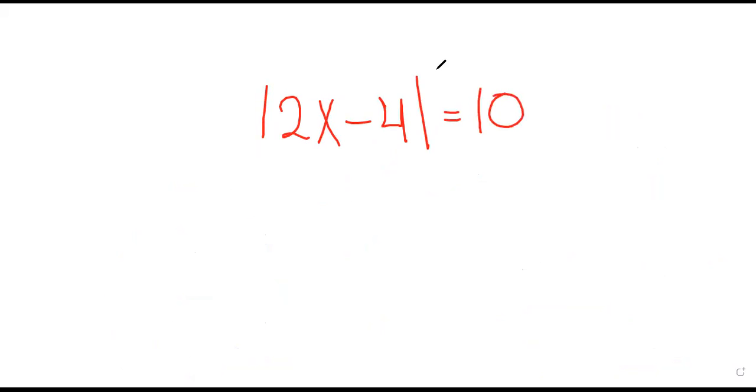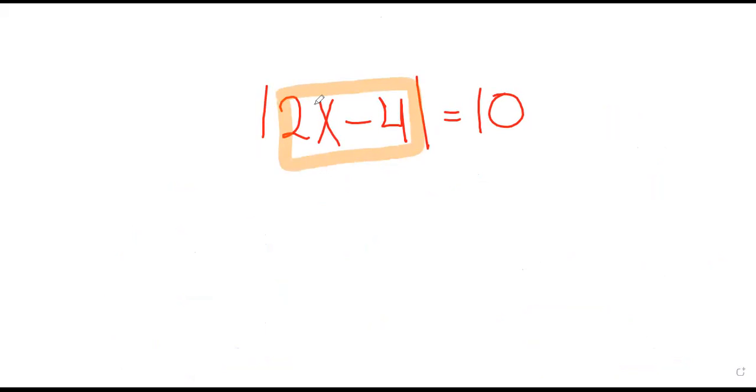Okay. Let's make things more complicated. What if we have the absolute value of 2x minus 4 is equal to 10? As I said, always concentrate on what is inside the absolute value.